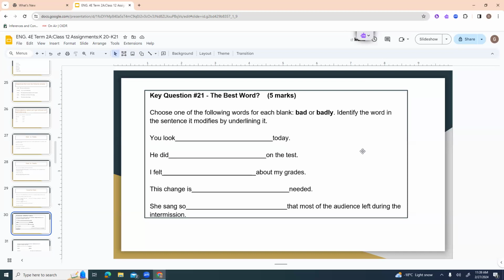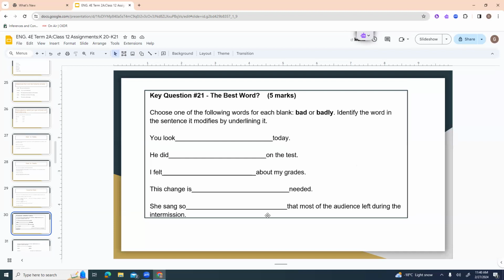Again, am I describing the person's feelings or am I describing the person? This change is bad needed or this change is badly needed. Okay. She sang so bad that most of the audience left during the intermission. She sang so badly that most of the audience left during the intermission.